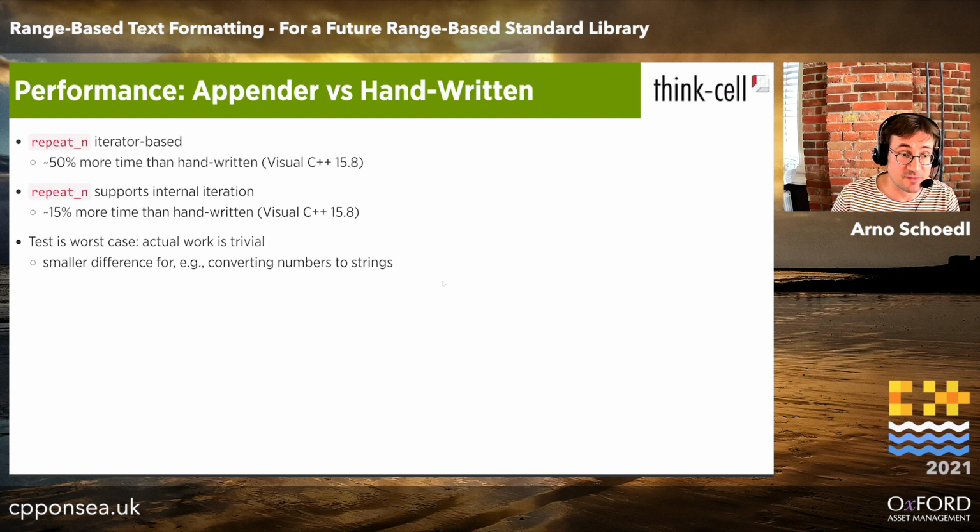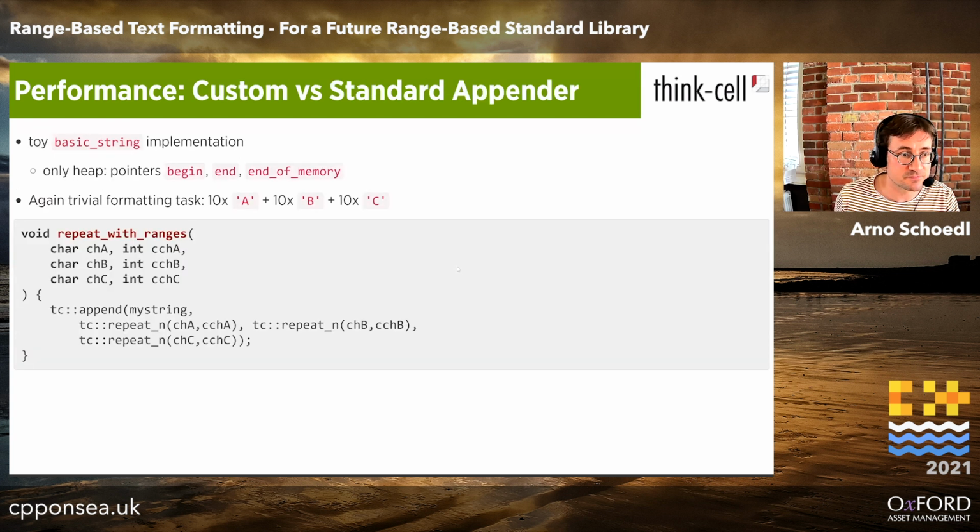And remember, this test is the worst case, because the actual complexity of the formatting itself, repeating the character n times, is very simple, and anything that would do substantially more work would produce even smaller differences in performance.